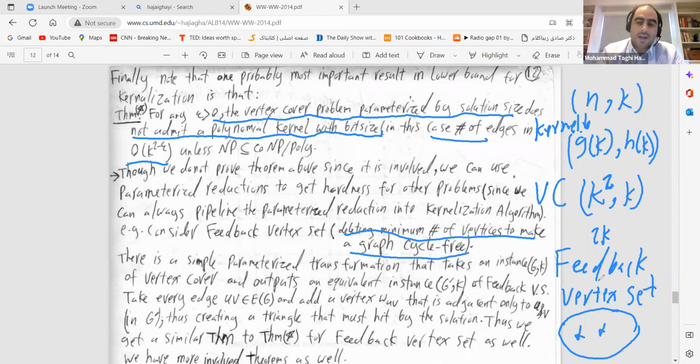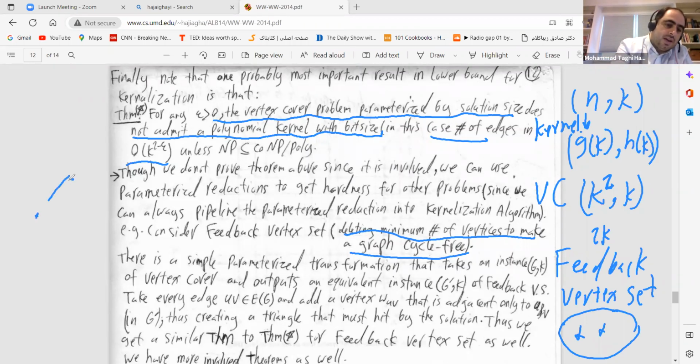Now, you can say that for the feedback vertex set, also there is nothing better than a k squared size kernel. Why? Consider the vertex cover. I want to say that the feedback vertex set can actually solve vertex cover. That is very simple.